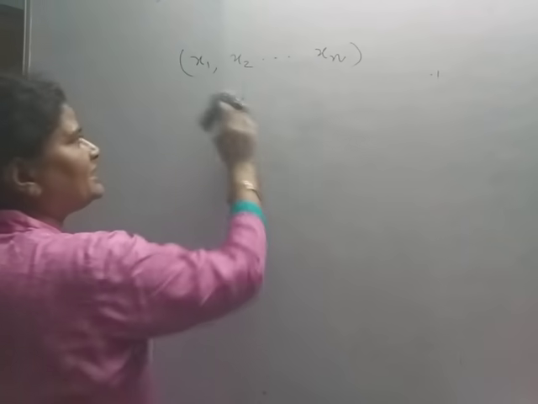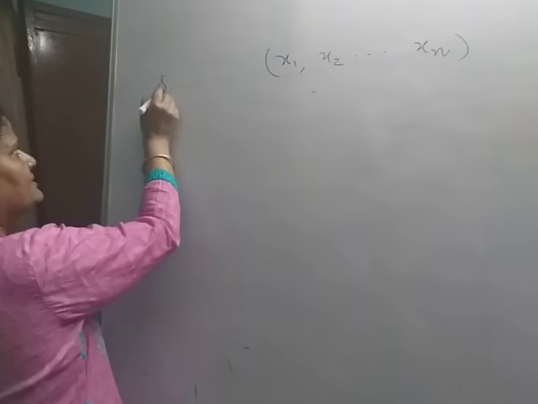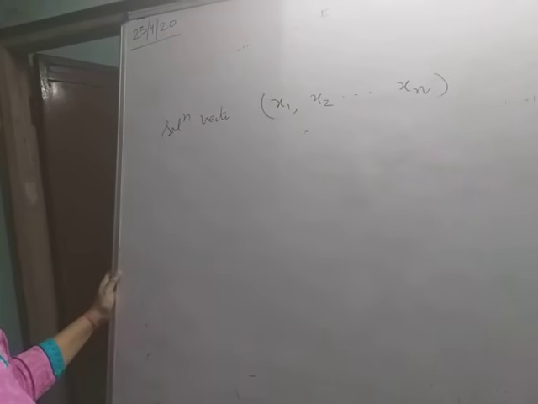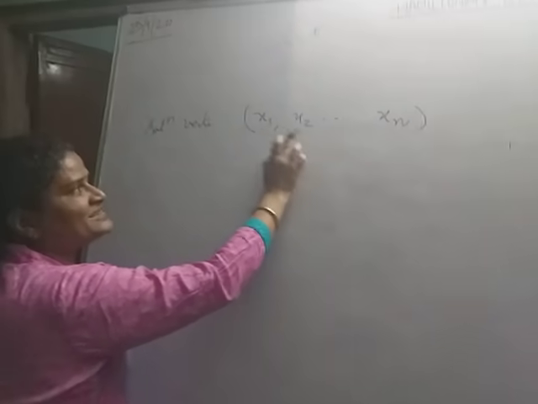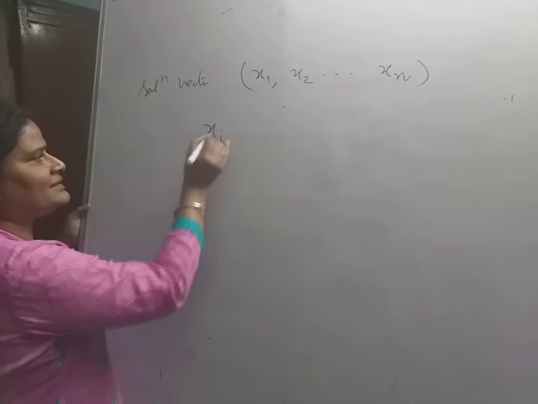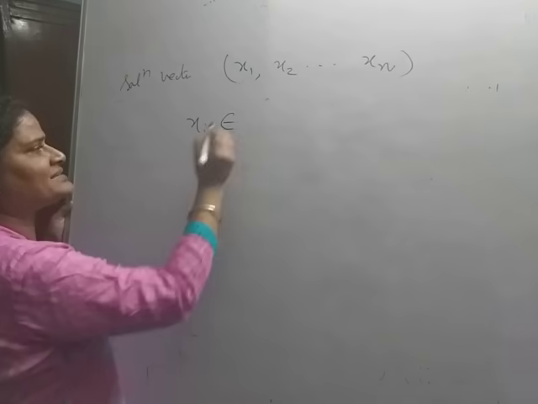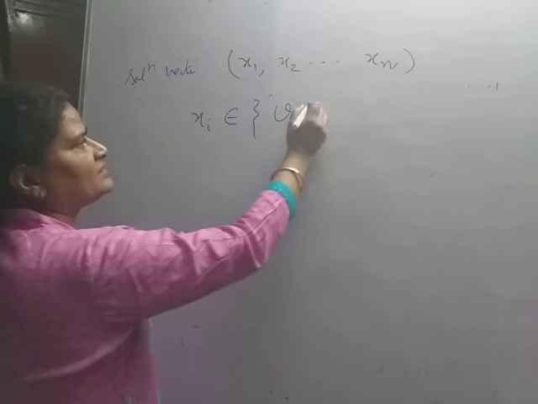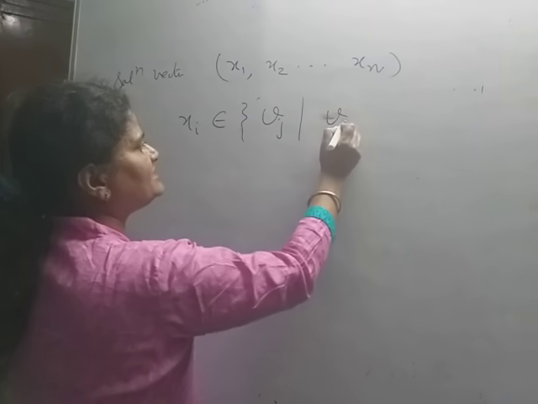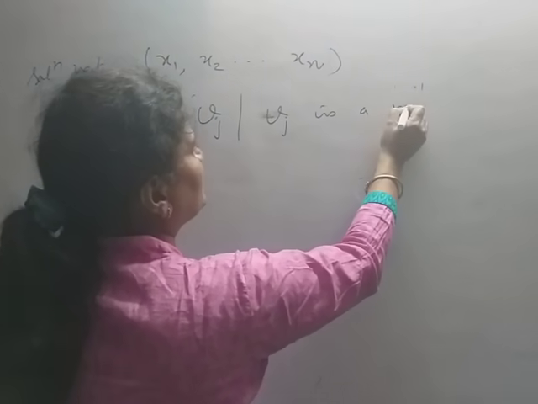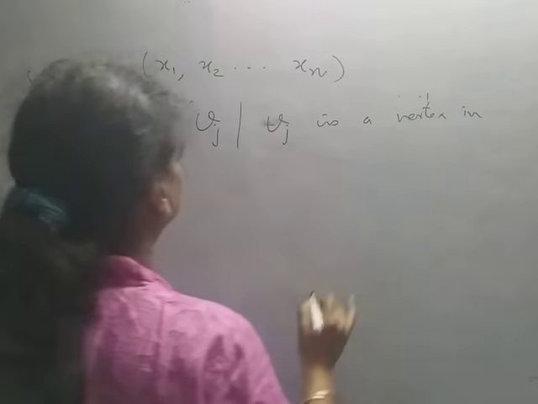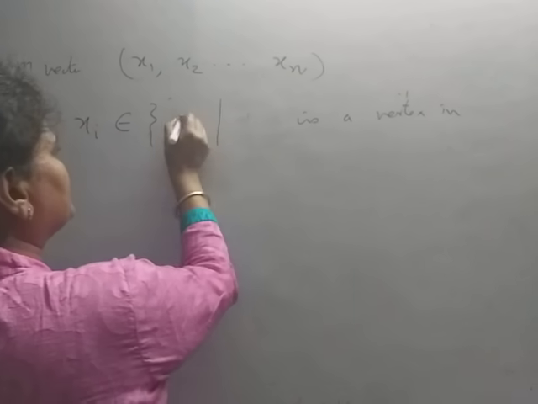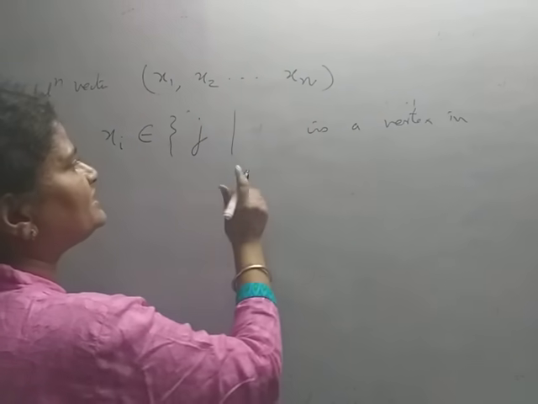Here the solution vector is x1, x2, and so on up to xn. Each xi is a vertex, so xi belongs to vj, where vj is a vertex, and j is an integer with 1 less than or equal to j less than or equal to n, because I am representing the graph with vertices as 1, 2, 3, 4.